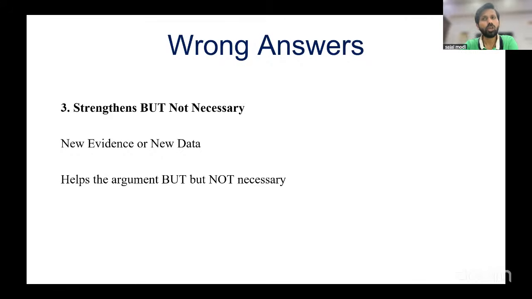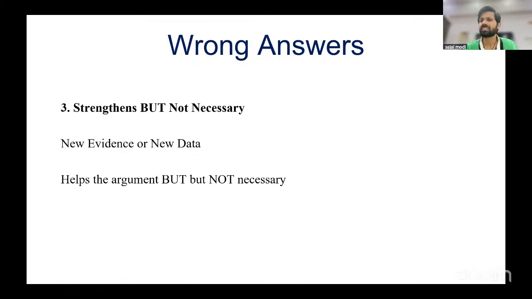So we are not going with any option that just supports the argument, because it is not a strengthen question. It will have to fit both tests: one, supports, and two, is also necessary, right? So any option that just supports but is not necessary will also be out. What are these options like?